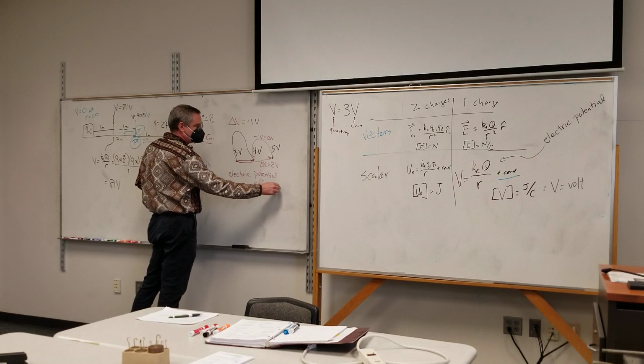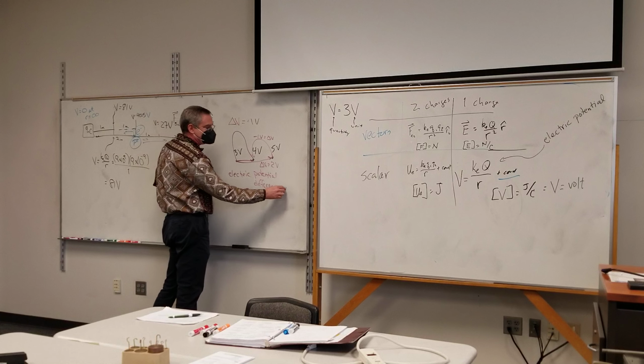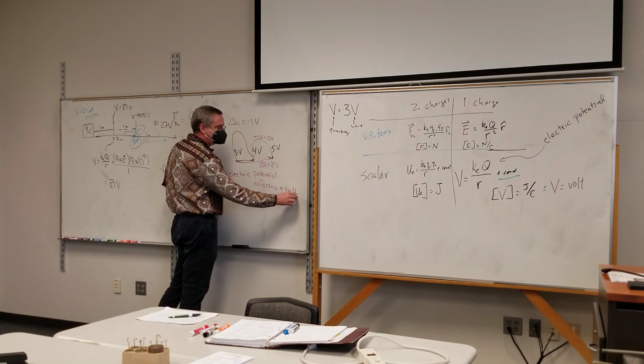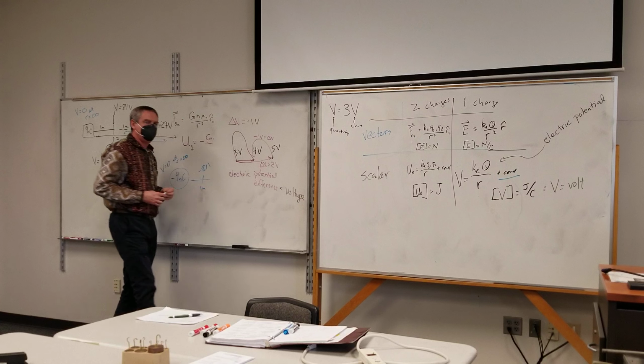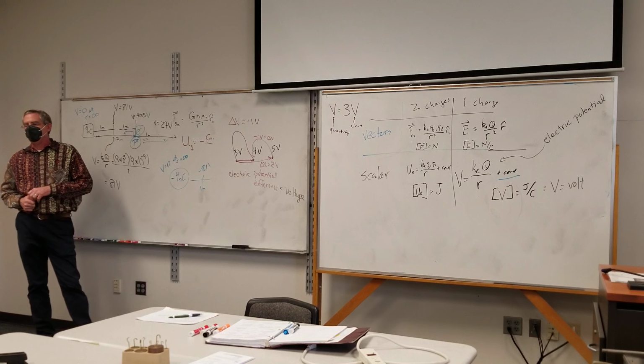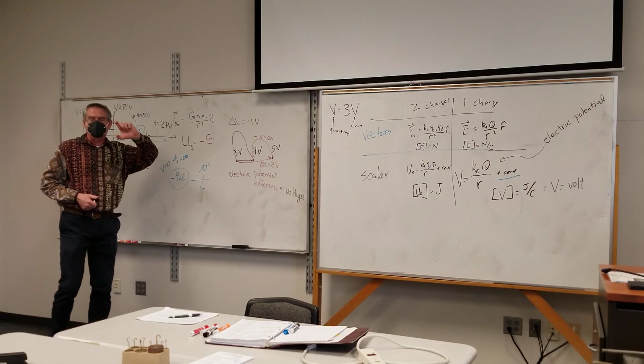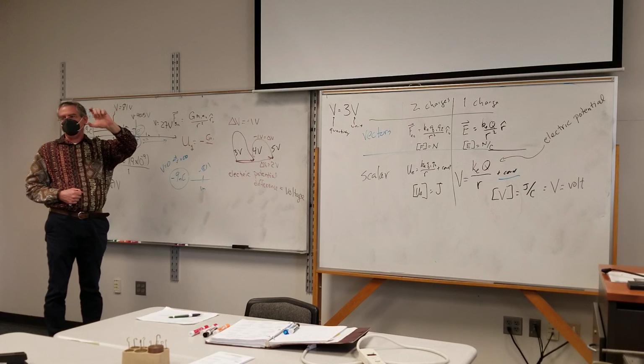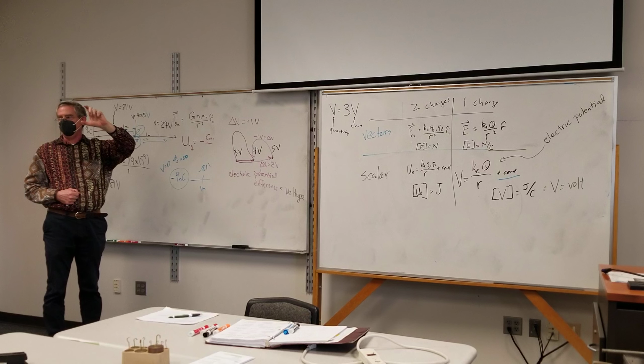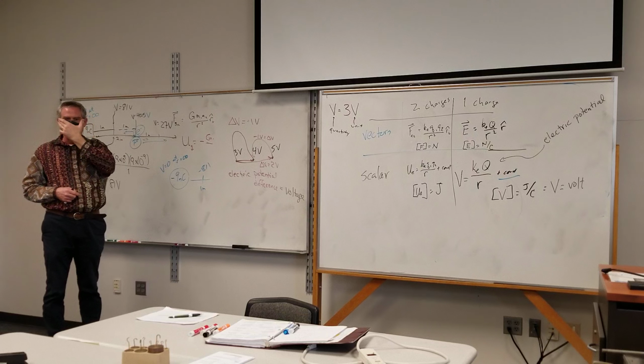This electric potential difference, that is voltage. If I have a 12-volt battery, the claim is that the potential difference from the bottom to the top is 12 volts, or negative 12 volts, depending on which way you're going.